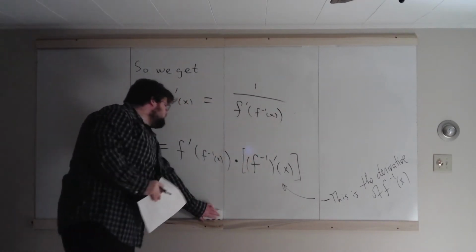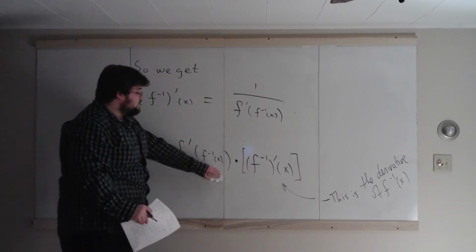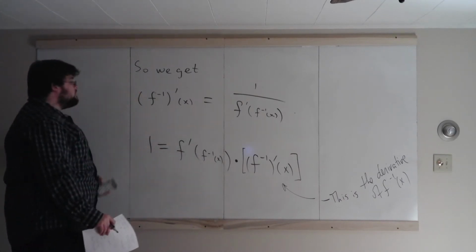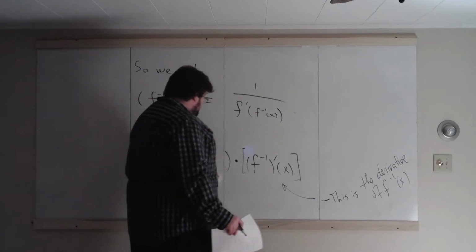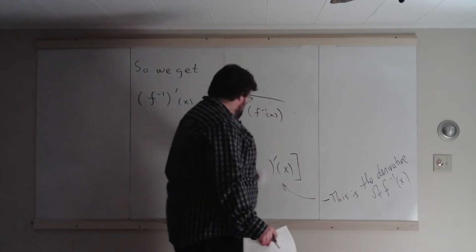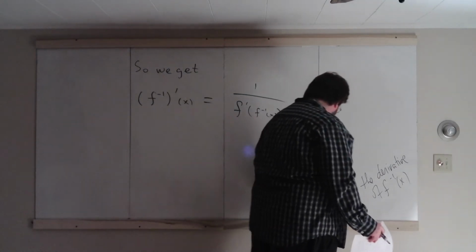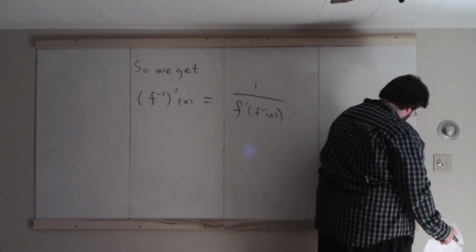So right here, all we did was divide by this piece. And we have a formula for the derivative of any inverse function. So if we want the derivative of an inverse, all we have to do is follow that formula.